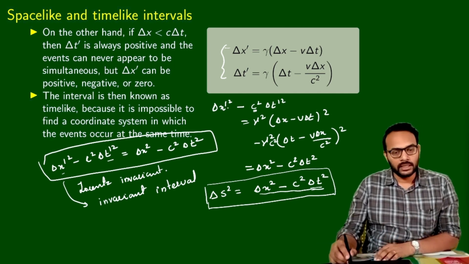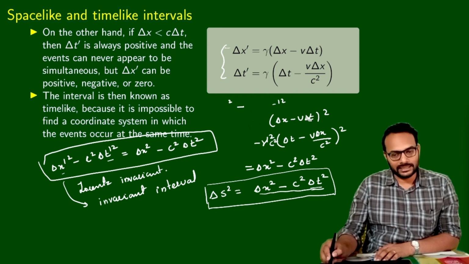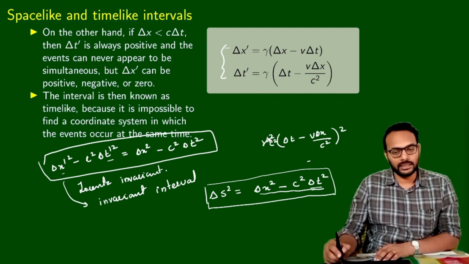Now, in terms of the invariant interval, we could talk about space-like and time-like intervals. Looking at this equation, we see that delta s square itself can be either positive, negative, or zero, because there's a minus sign in between.